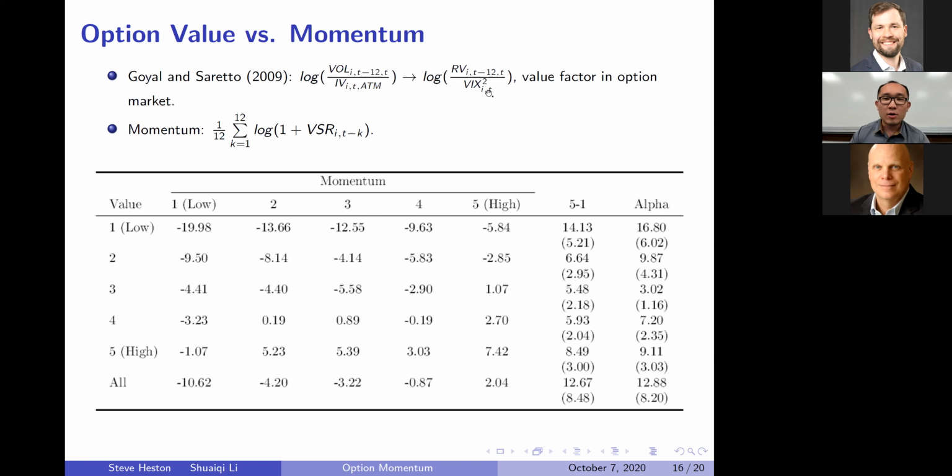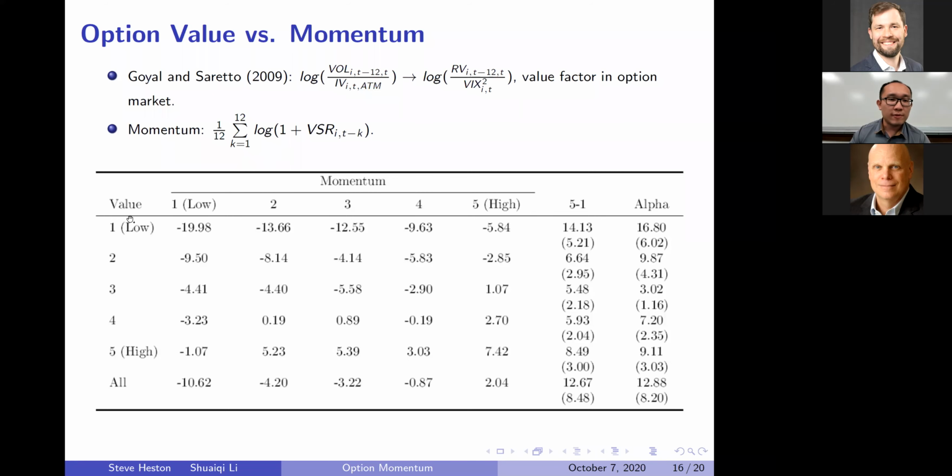The book value of a firm's variance is its historical realized variance, and the market value of firm variance is the VIX price calculated using option prices. For momentum, we use the past 12 months log VSR to proxy for option momentum.